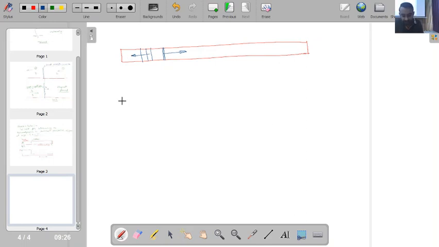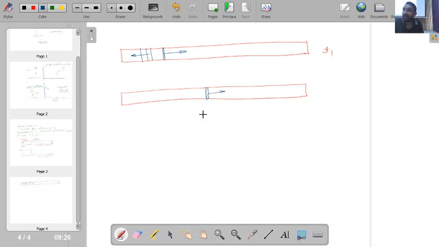Okay, and this motion will keep on continuing. Say this is at some time instance t1. Now if I go to some other time instance t2, I will find that my shock wave has reached somewhere over here, and expansion waves are coming further towards the driving section.